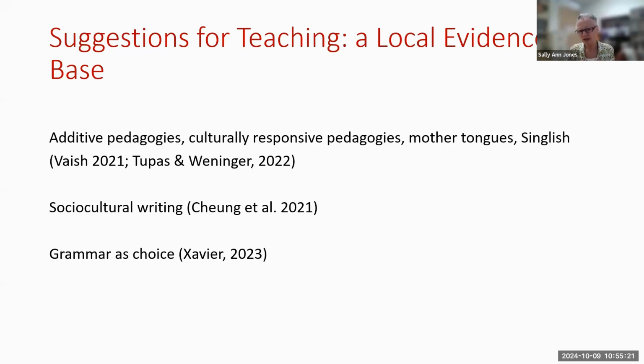And then I'll point to another colleague's work in grammar as choice, as opposed to grammar as structure. This is guiding learners to be aware of different choices they have in their writing, which one has what effect. So developing, again, metacognitive and metalinguistic awareness.